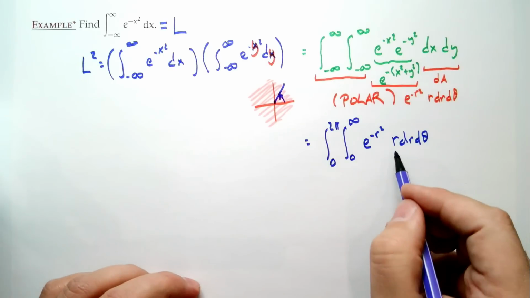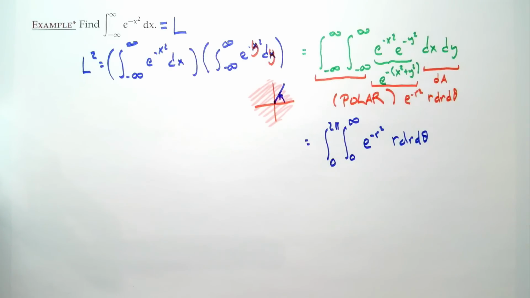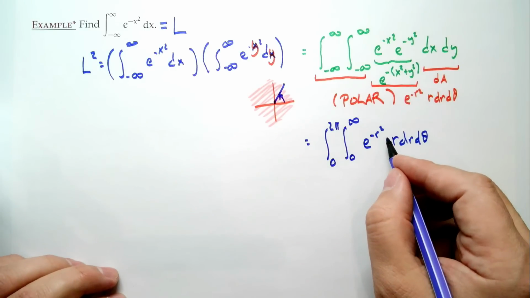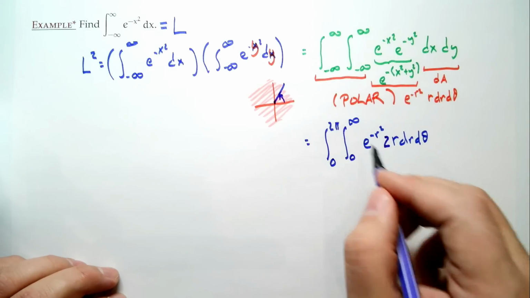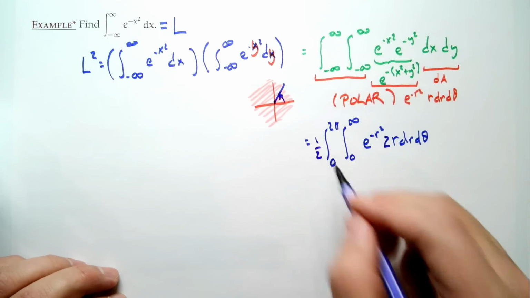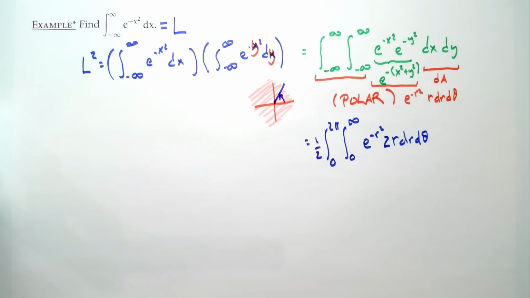We have an r there. To make ourselves even more lucky, we can put a 2 and throw in a half somewhere down there. All right. So, can we integrate e to the minus r squared times 2r dr?